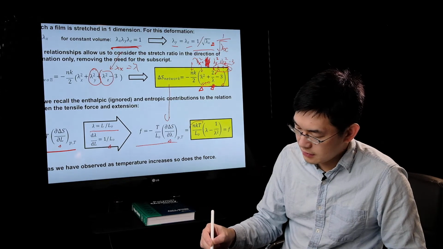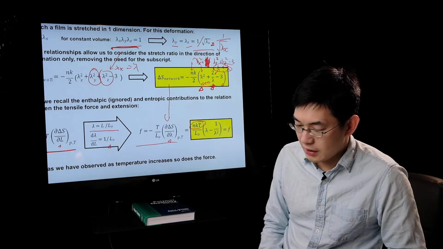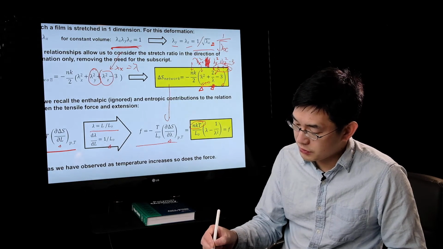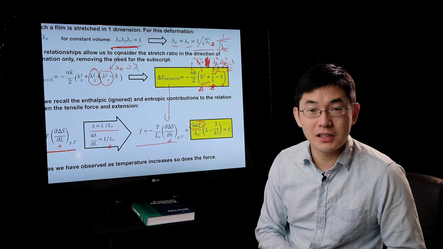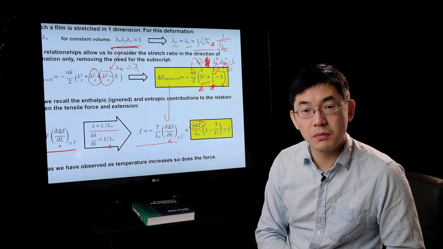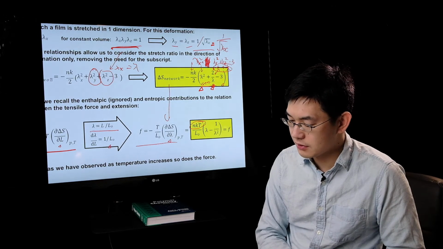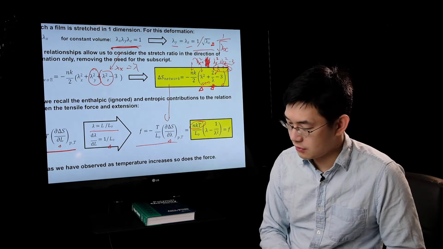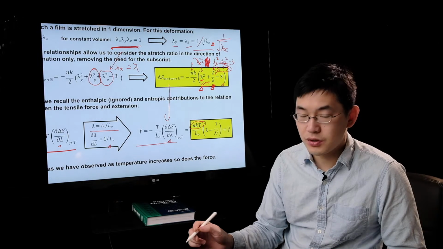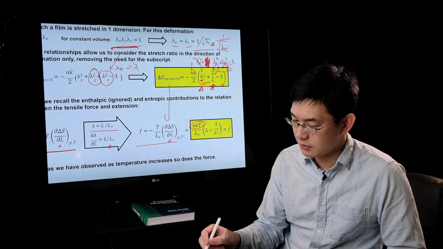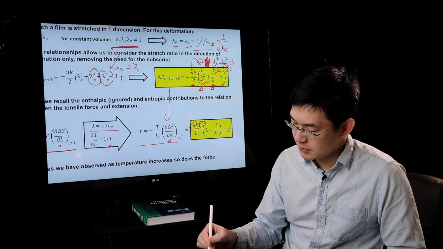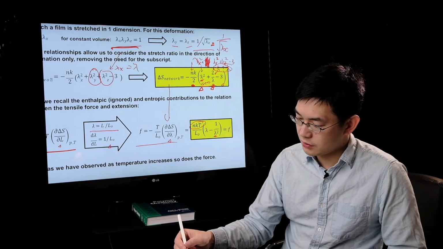The force of the deformed coil is going to be proportional to nkT. What is n? Number of strands in the network. K is the Boltzmann constant, T is temperature. L0 is a fixed term. Take a partial derivative with respect to lambda, so lambda squared becomes 2 lambda, and the 2 cancels out with the first, so you get lambda, and minus 2 divided by lambda.